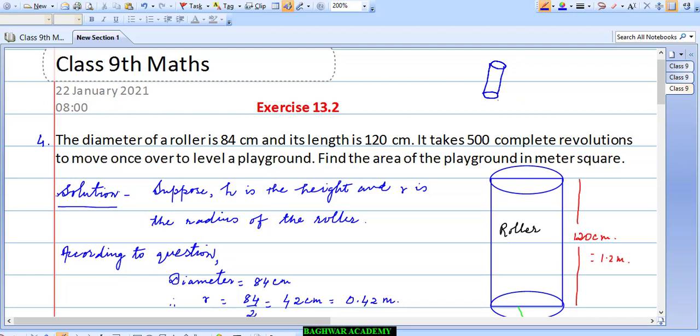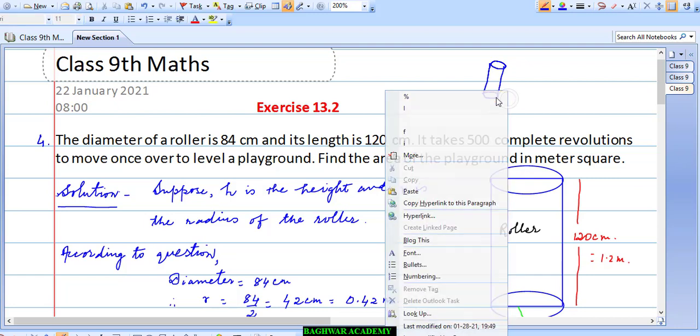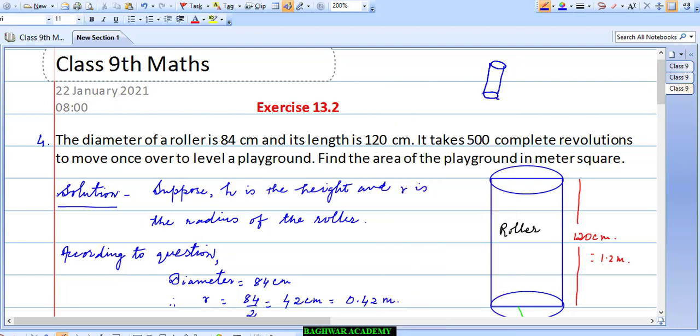Or if you have a pencil or any object in cylindrical shape, if it rolls one time, how much distance does it travel? Suppose from here it starts and rolls one time and reaches over here, it means this much distance it has covered.